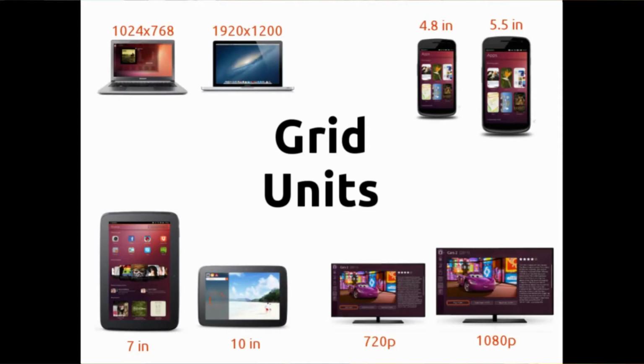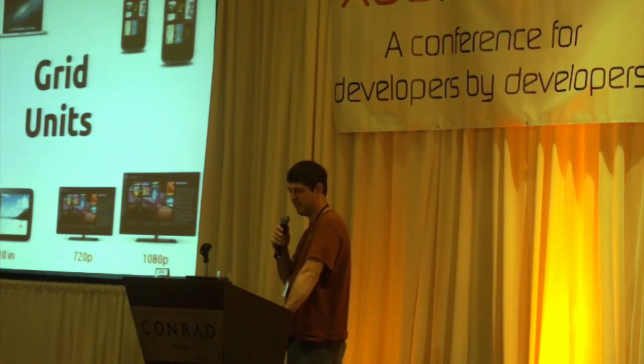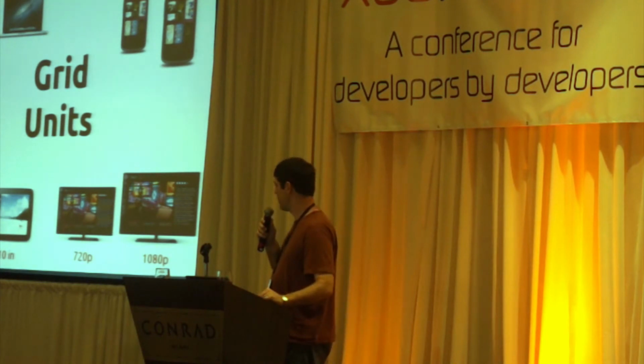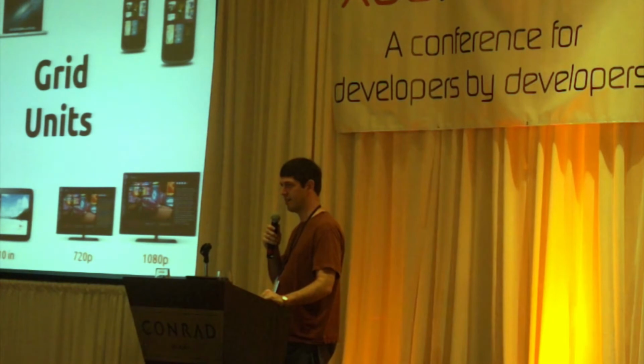The design team introduced a concept called grid units, which are kind of a mix between physical size and pixel size. So it's never quite the same physically or pixel-wise, but it's always the right size.